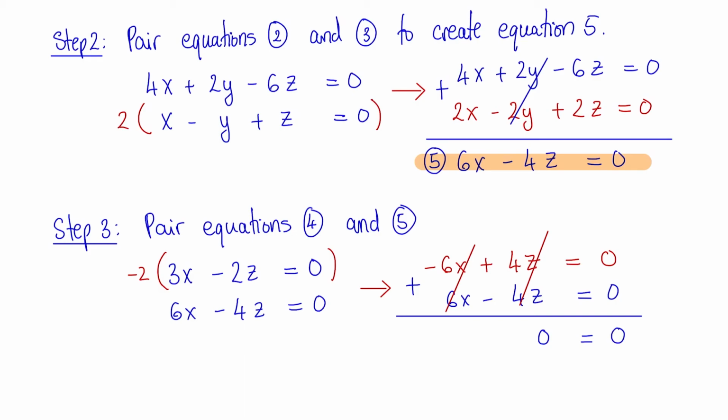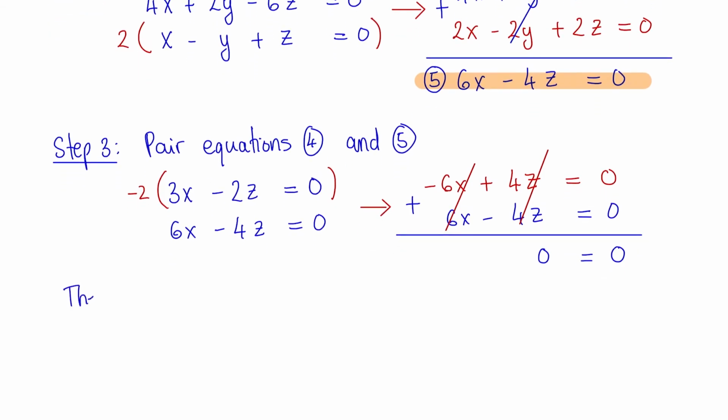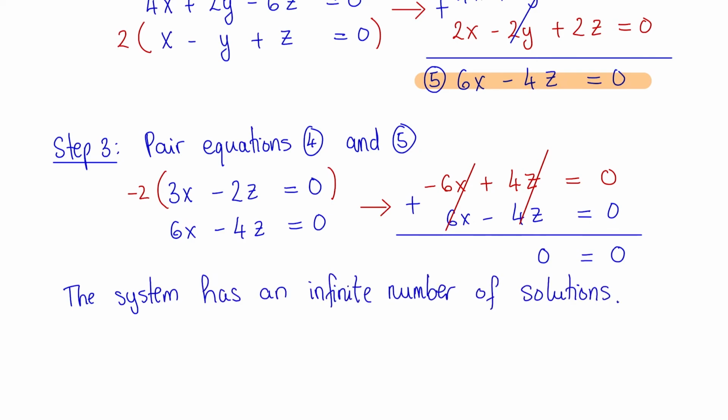In this case, I have a statement saying that 0 is equal to 0, which is true. This is called an identity, where you have a true statement. That means this system has an infinite number of solutions. And I want to put the solution in general form.